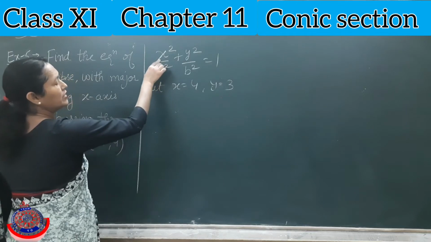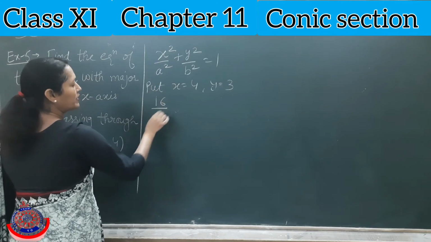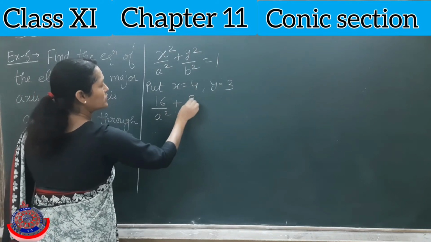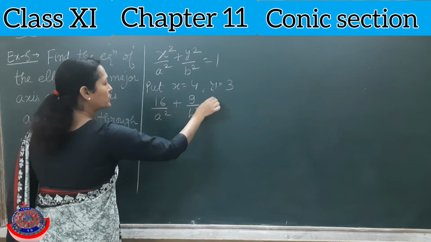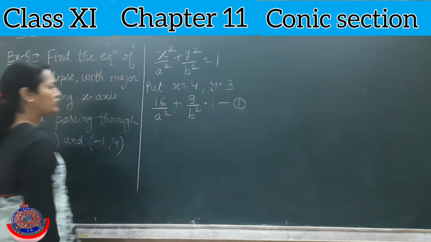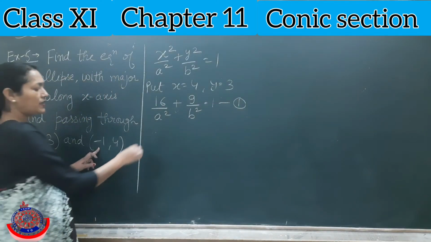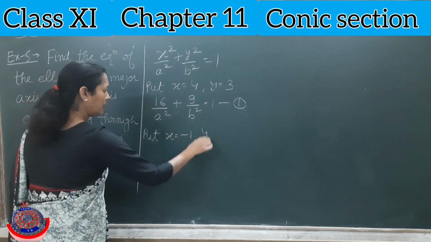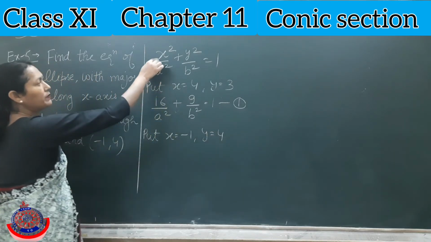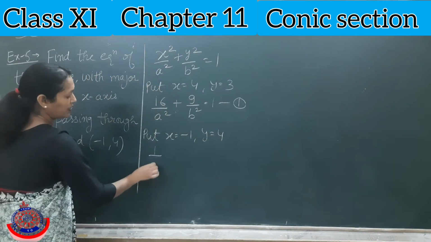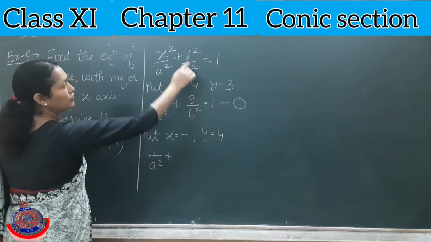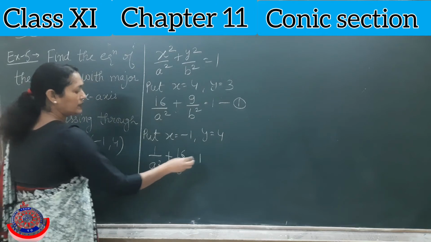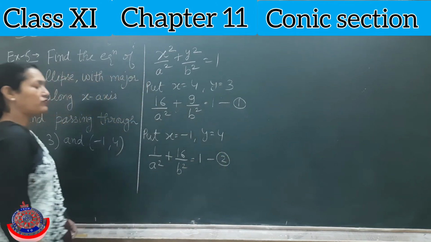So we will be having 16 upon a square plus 9 upon b square is equal to 1. First equation. And in the second case, put x equals to minus 1 and y equals to 4. We will be having 1 upon a square plus 16 upon b square is equal to 1. That will be the second equation.